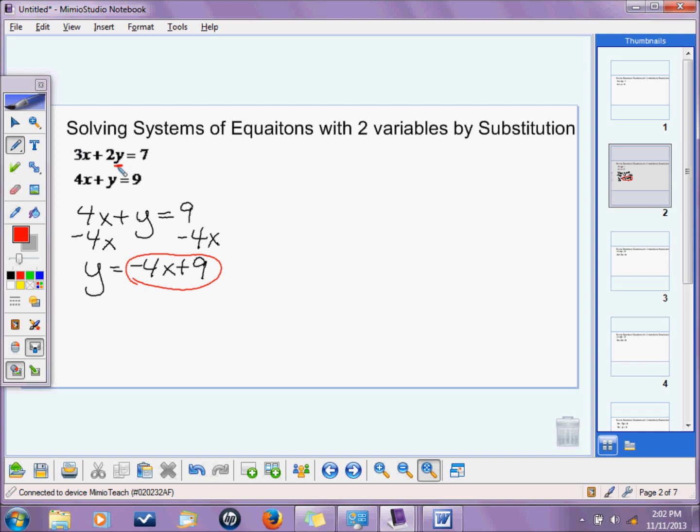So what we need to do is actually replace the y with negative 4x plus 9. So I'm going to take 3x plus 2 times negative 4x plus 9. And if you'll notice, the only thing we did is take that y and replace it with negative 4x plus 9.